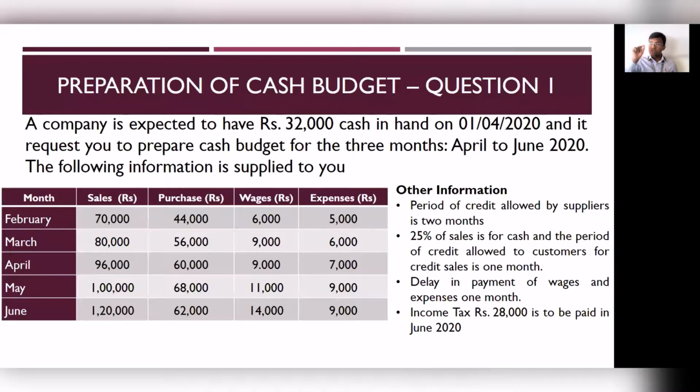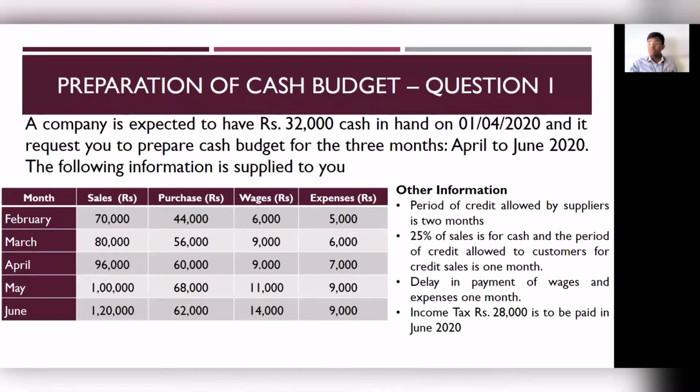If you sell goods for 100 rupees, 25 rupees your customer would be handing it over to you immediately. The remaining 75%, they would be handing it over to you after 1 month. So if you were to carry out 100 rupees sales in Jan, 25 rupees would be paid in Jan, the remaining 75 rupees would be paid in February.